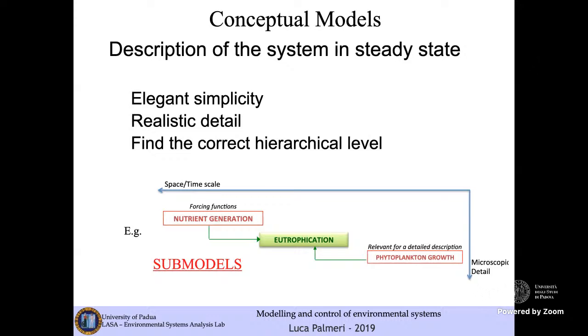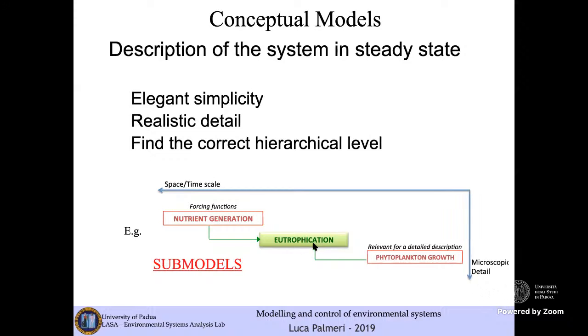For example, the graph here describes the correct placing in a hierarchical level of a eutrophication model. So if our focus is eutrophication, we want to study the process of eutrophication.